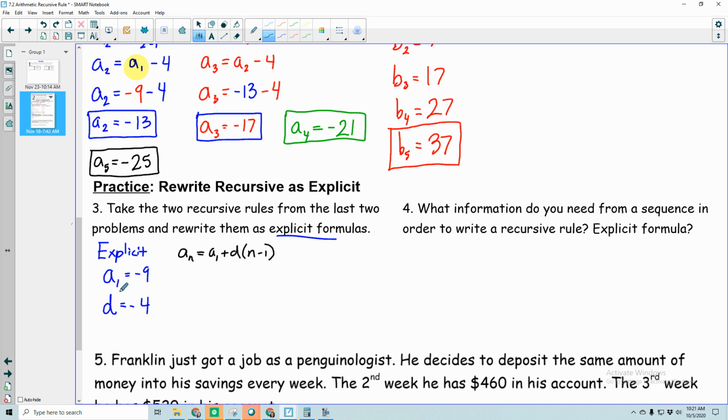So I'm just plugging those two values in for d and a sub 1. I get -9 plus -4 times n minus 1, and then remember we have to simplify this. So we distribute, we get -4n, and then +4, and +4 plus -9 gives me -5. So this simplifies to -4n minus 5.